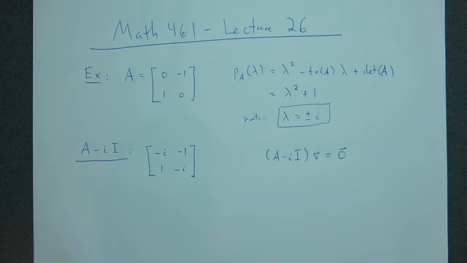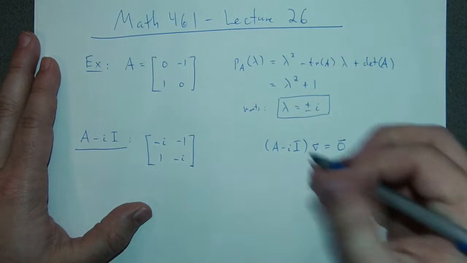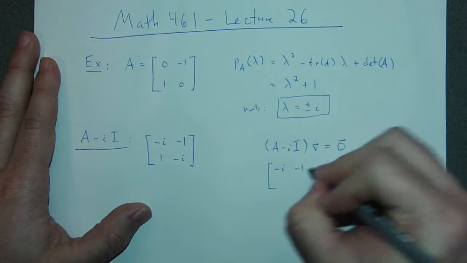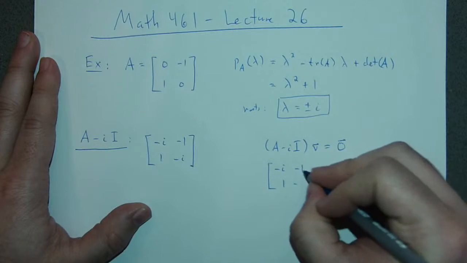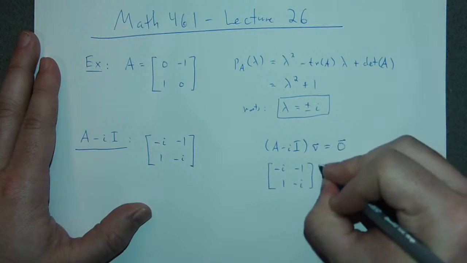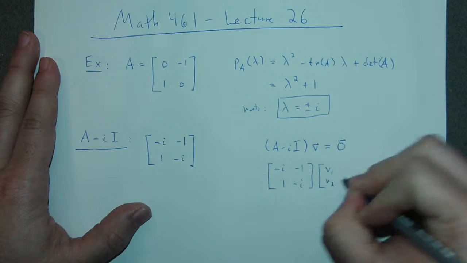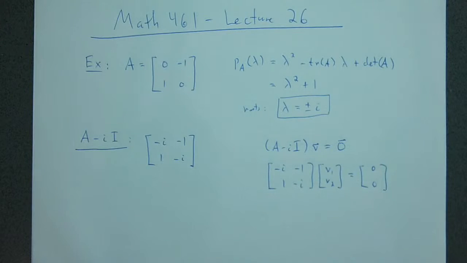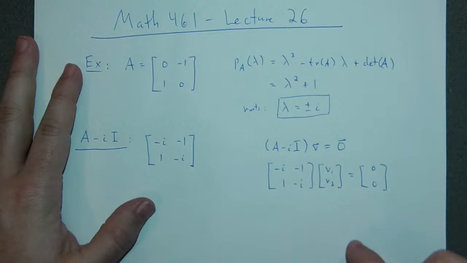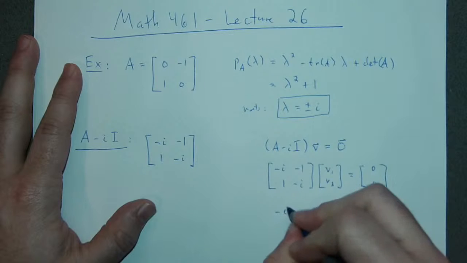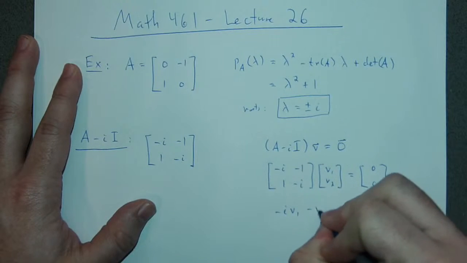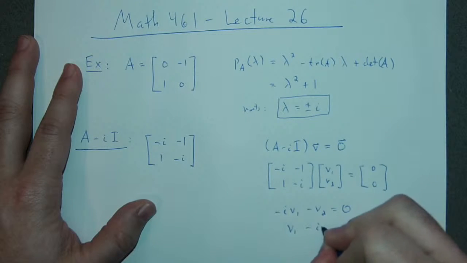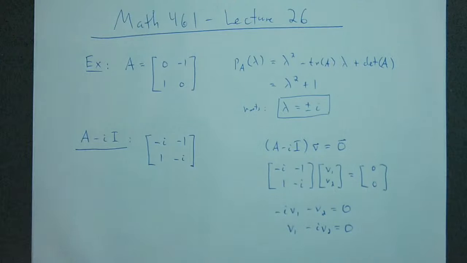This is how I find my eigenvectors. So I have the matrix equation with rows minus i, minus 1 and 1, minus i, times a vector v with entries v1, v2, equal to 0, 0. If I write this out, I get minus i times v1 minus v2 is equal to 0, and v1 minus i v2 is equal to 0.